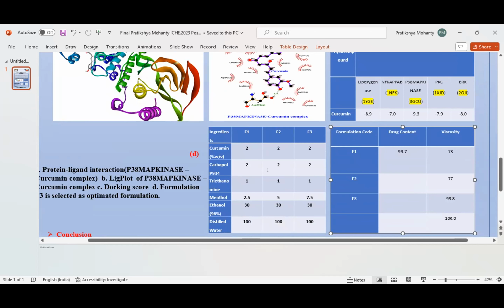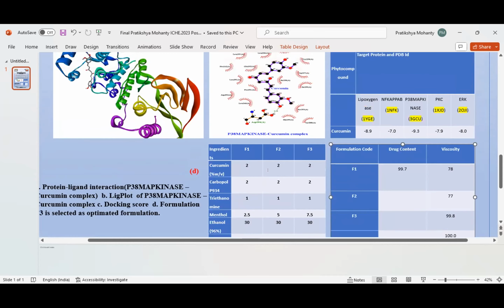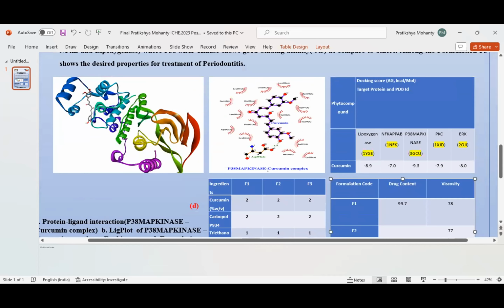Okay, Pratiksha, it's a computational study, means it's an in silico study. So you are studying the protein ligand interaction, where your protein is curcumin and you have selected different ligands. Is it like this? Ma'am, it is like a normal review, ma'am.